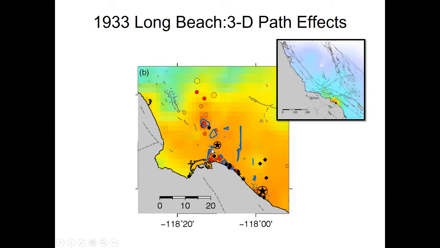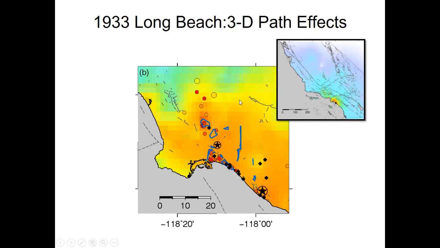The epicenter was here, and the earthquake ruptured here. What you can see here is these high intensities in this area. You can explain that with computer simulations as a three-dimensional effect. You have the Newport-Inglewood fault here, and it's associated with a discontinuity in velocity.